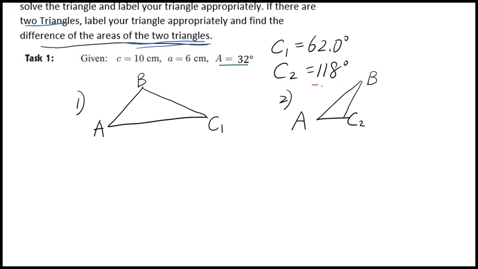We know C2 is an obtuse angle. Then you can label. Here is 118 degrees. For A will be 32 degrees. This is 32 degrees. This is 62 degrees.